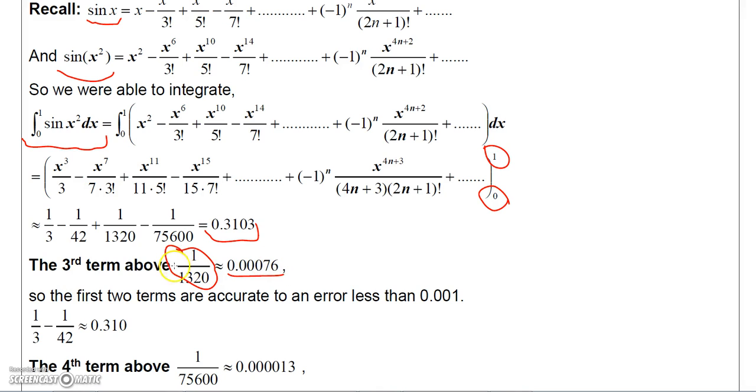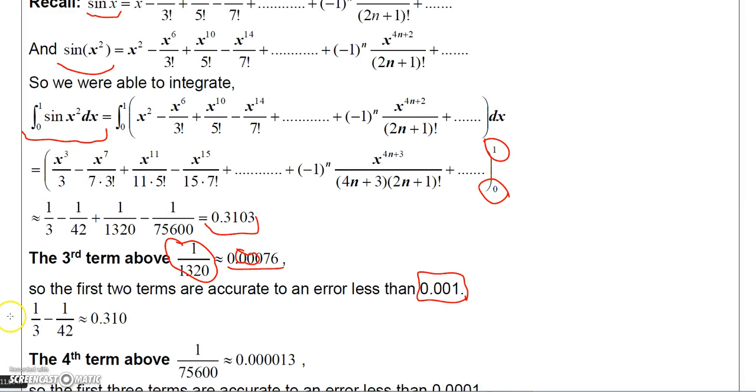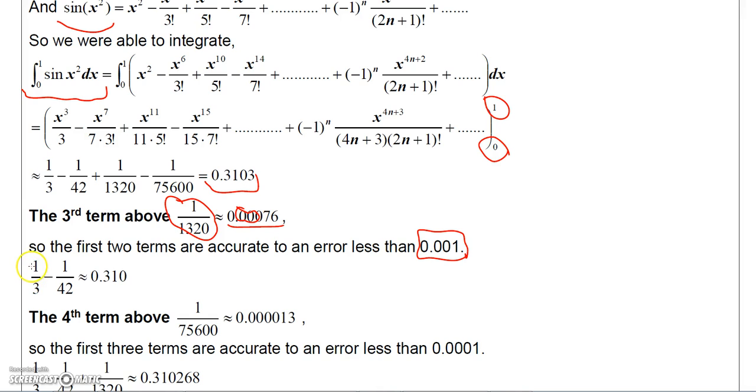So, since the third term has 3 zeros here, that tells us that we could just take the first two terms, and those would be accurate within 0.001 of an error.